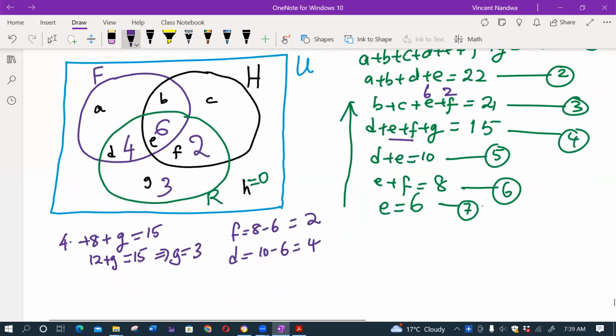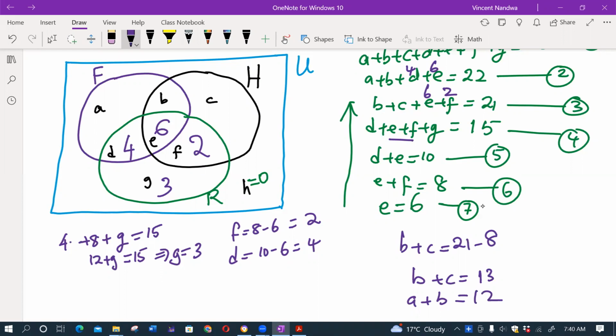So B plus C would be 21 minus 6 plus 2, which is 8. So B plus C is given by 13. And then from 2, we know that D is 4, E is 6. So A plus B would be given by 22 minus 4 plus 6, which is 10. 10 from 22 is 12.